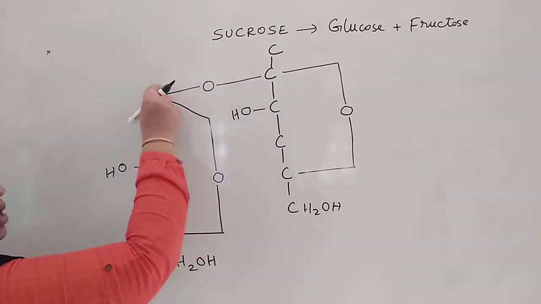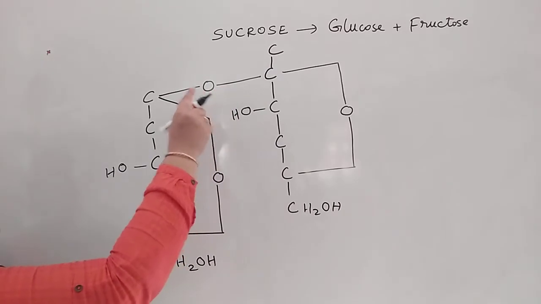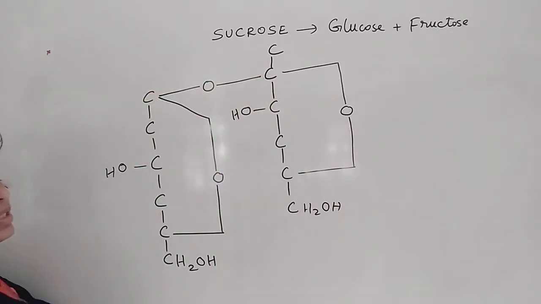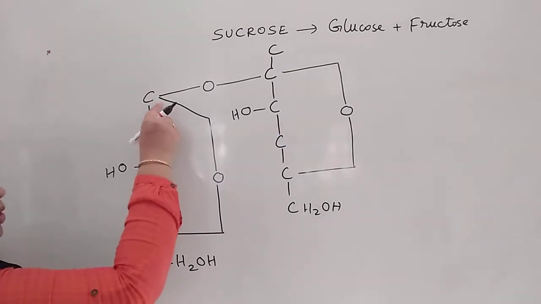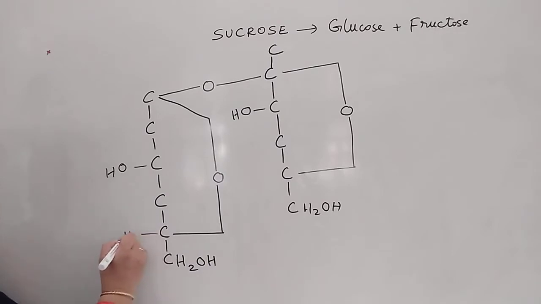One OH of this and one OH of this is getting connected. A molecule of water is getting eliminated, and this carbon and this carbon are getting connected through the oxygen.